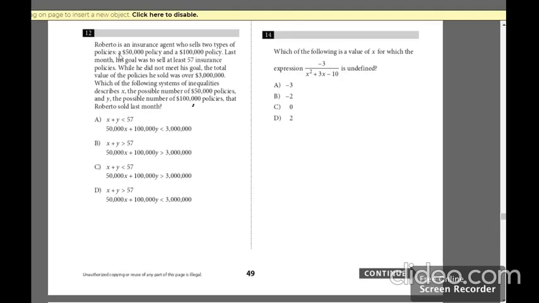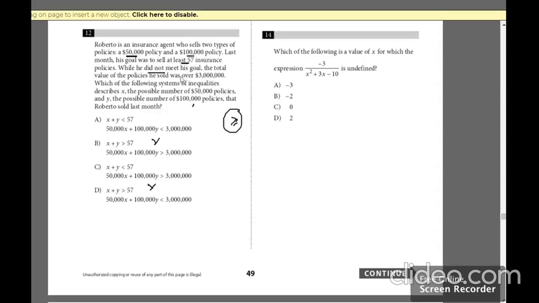Quickly moving on to the 12th question. Robert is an insurance agent who sells two types of policy, $50,000 and $1 lakh. Last month his goal was to sell at least 57, which means greater than or equal to. He did not meet his goal, so it means there doesn't have to be greater than. So we have to avoid these two cases because he did not meet the goal.